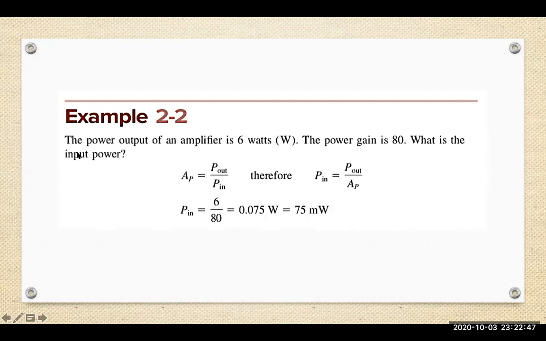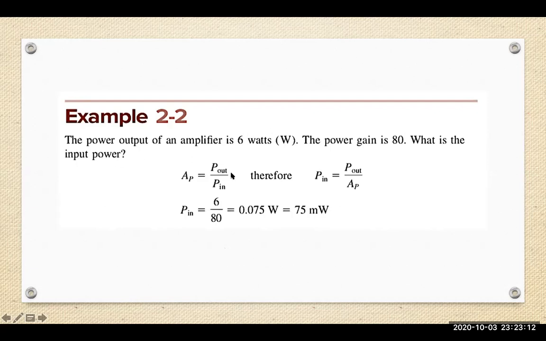The next problem is finding the input power. The power output of an amplifier is 6 watts, represented by this letter as a unit of power. The power gain is 80. Here, you're given the gain and the output. What is the input power?